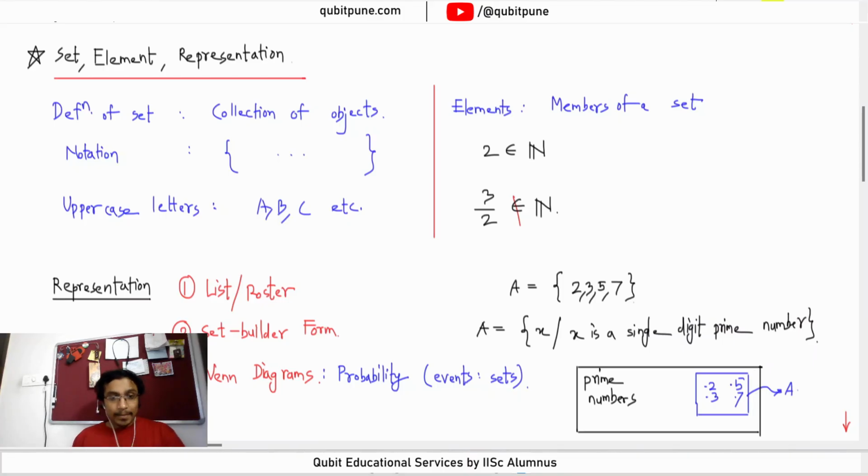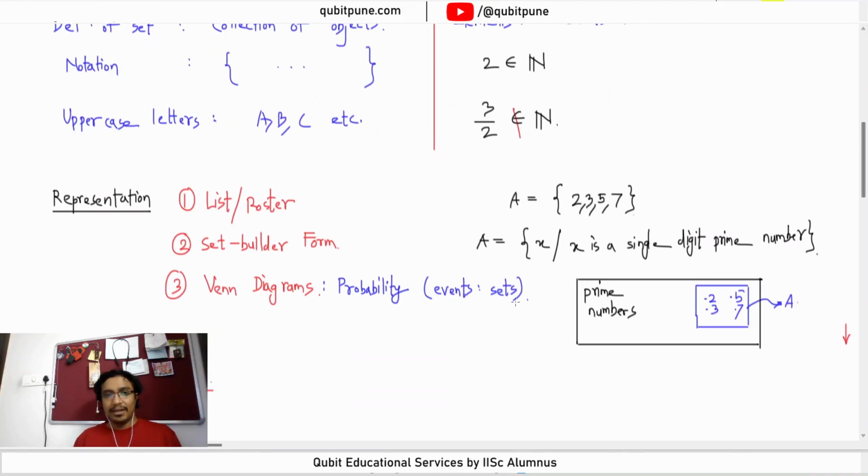No doubt. The other use of Venn diagrams is in learning relations, and also functions, when we define functions formally as a special class of relations.